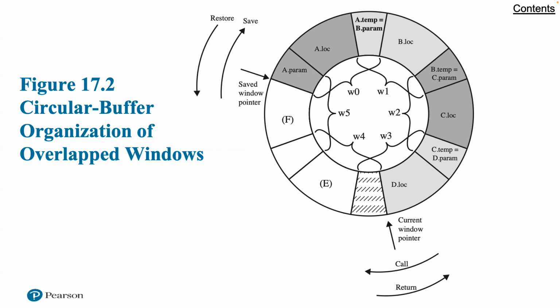If procedure E then makes a call to procedure F, the call cannot be made with the current status of the buffer. This is because F's window overlaps A's window.